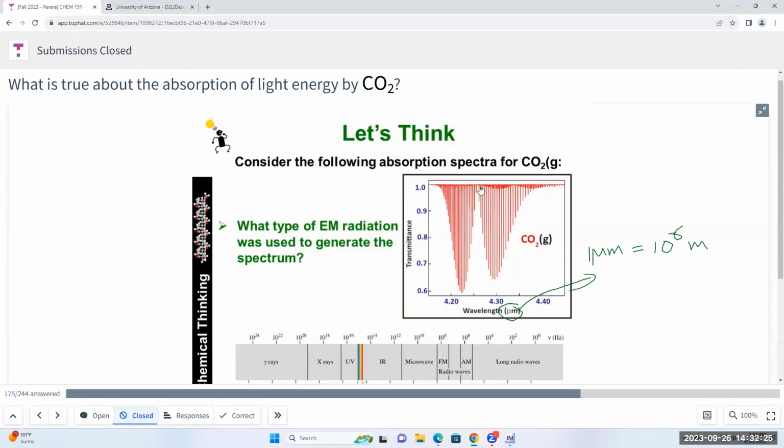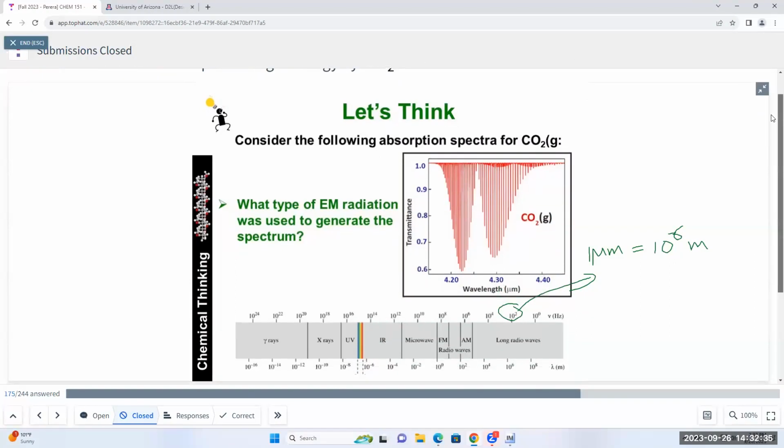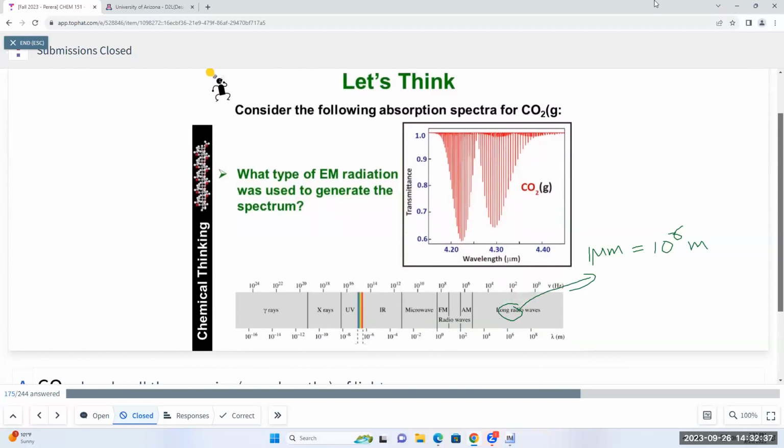That's for whiteboard. It is IR. Now, how do we know this? Let me show you what I mean. We know this is 10 to the power of minus 6 meters.